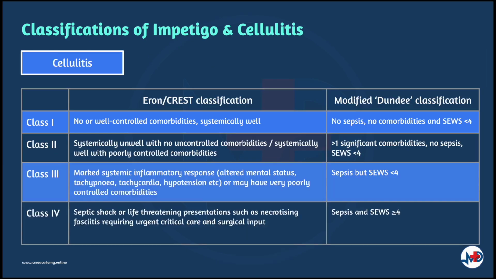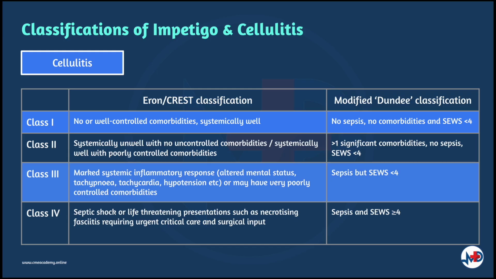Cellulitis is classified according to the Eron or CREST classification based on the patient's presentation and modified Dundee classification based on the presence of sepsis. The severity may be classified into 4 classes. Class 1 is when there are no or well-controlled comorbidities with the patient being systemically well. Patients in Class 2 are either systemically unwell with no uncontrolled comorbidities or systemically well with poorly controlled comorbidities, and this may delay recovery.